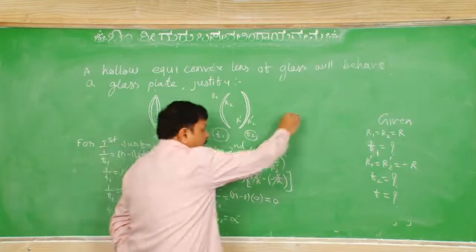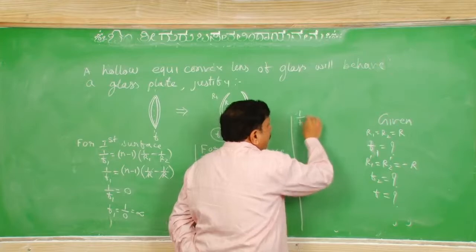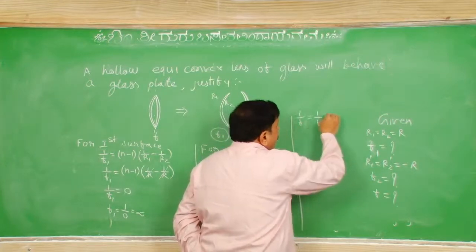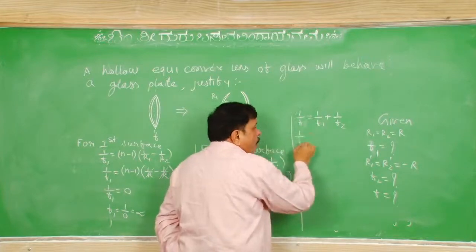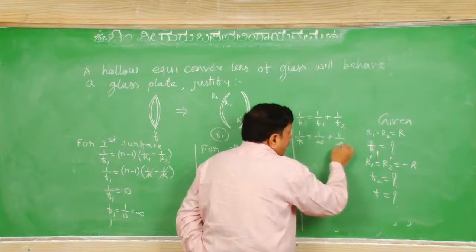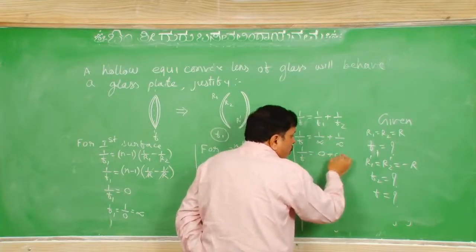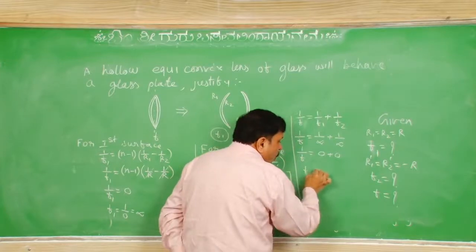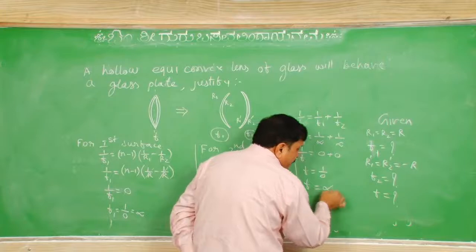Infinity. And we know 1 by F equal to 1 by F1 plus 1 by F2, because they are placed in contact. 1 by F equal to 1 by infinity plus 1 by infinity. So it will become 0 plus 0, or F equal to 1 divided by 0, that is nothing but infinity.